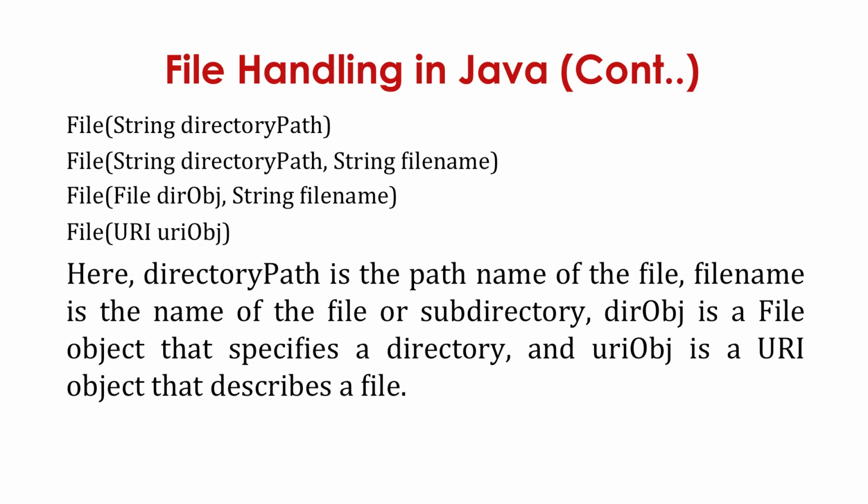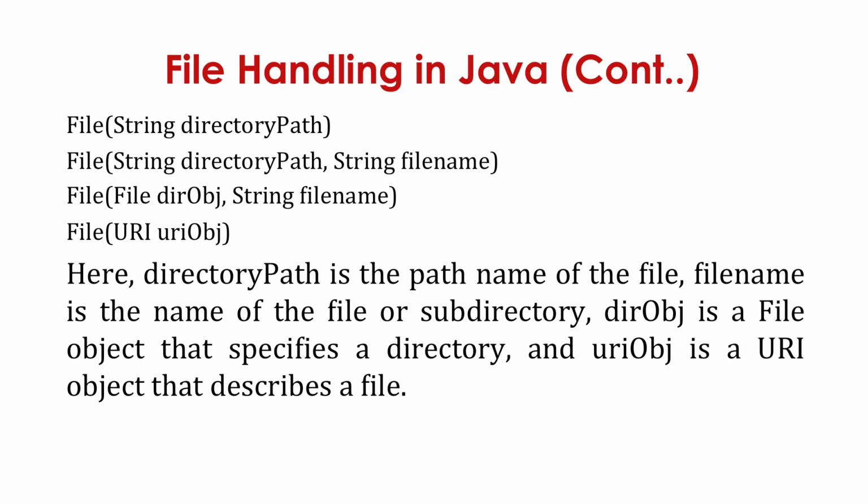Some of the constructors are described here. One is File, which takes a String argument, the directory path. Another File constructor takes two arguments: the first, of type String, is the directory path, and the next, of type String, is the file name.